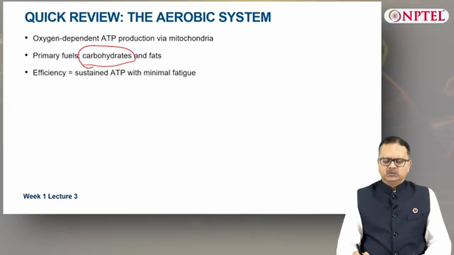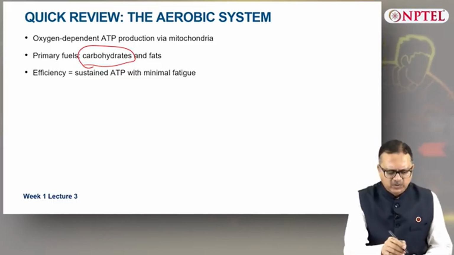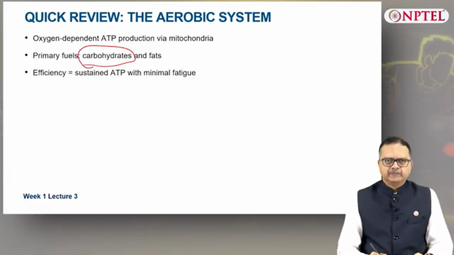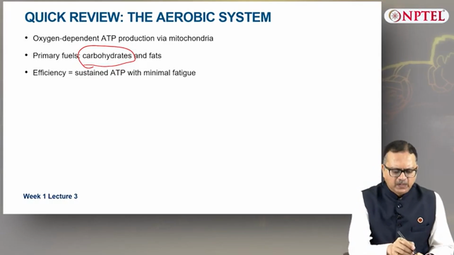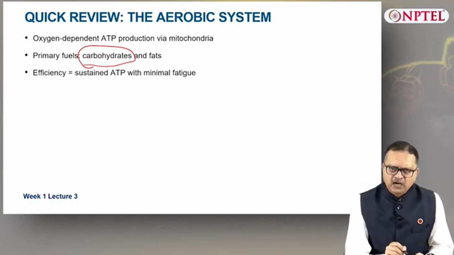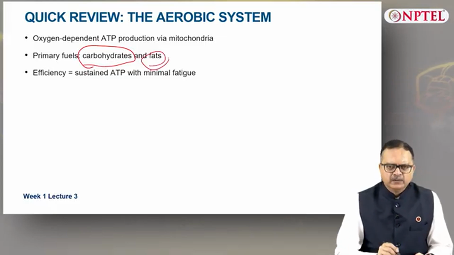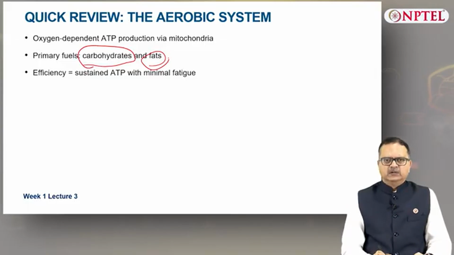What we are trying to do with endurance training or aerobic system training is convert an individual who burns carbohydrates as fuel and make his body burn fat as fuel to produce ATP.